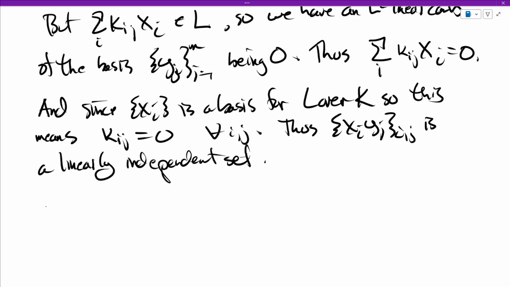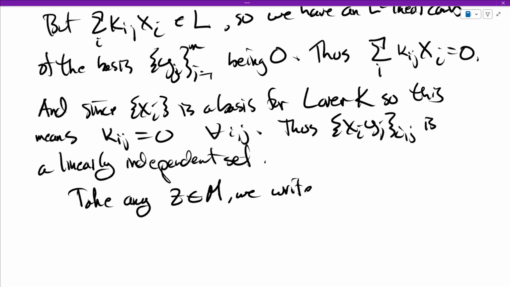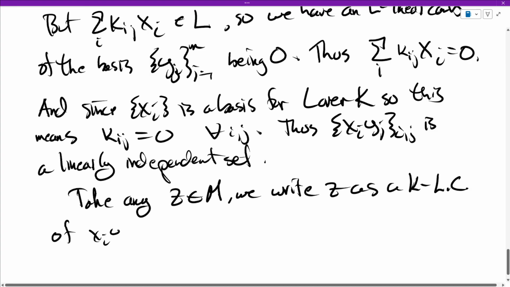All right, what's next? Well, we have to show it spans. So take any z in M. We will write it as a k-linear combination of x_i y_j.